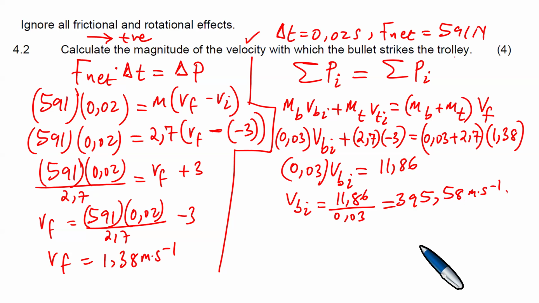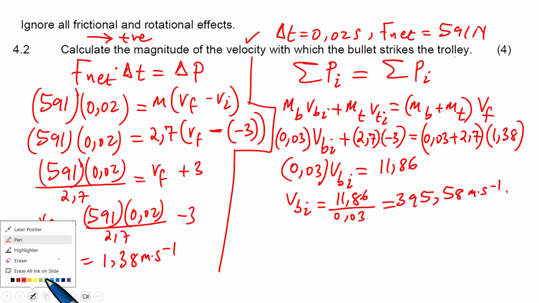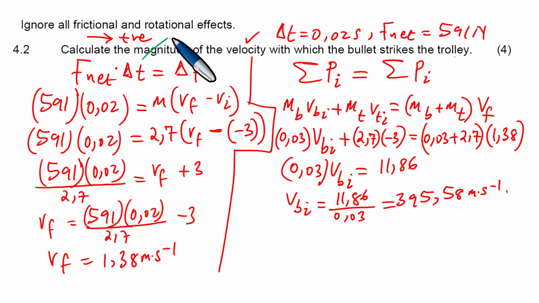So we used the formula for impulse. This formula here is impulse. What is impulse? Impulse is the product of the net force and the change in time. And we understand that impulse is equal to the change in momentum.